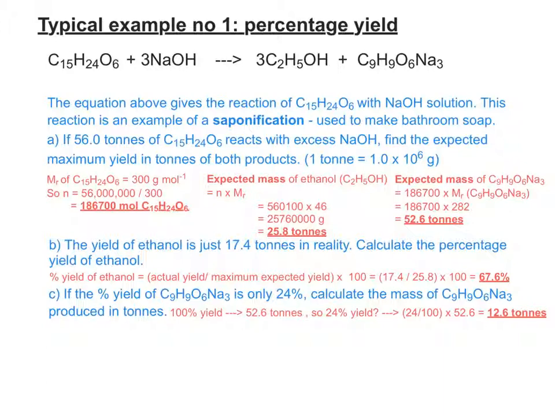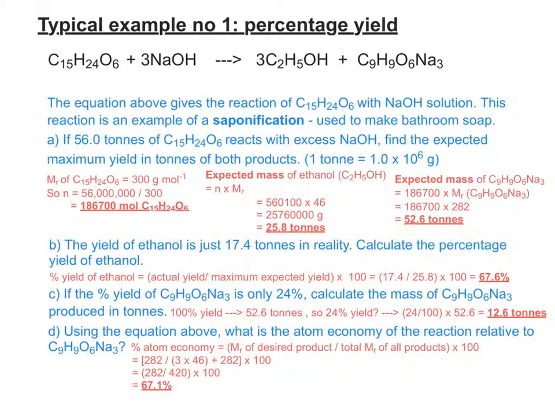So the final part of this question, almost nearly there now, is the atom economy. Looking at the calculation, you'll see that 282 is the MR of C9H9O6Na3. We've calculated that before up in part A. Now the total MR of all the products, you have to include the mole ratios here, hence why I've done 3 times 46.